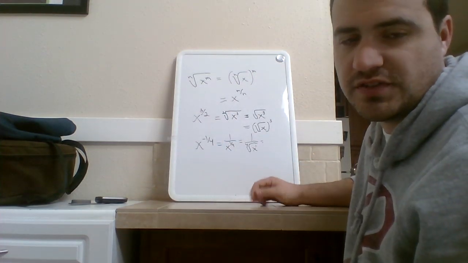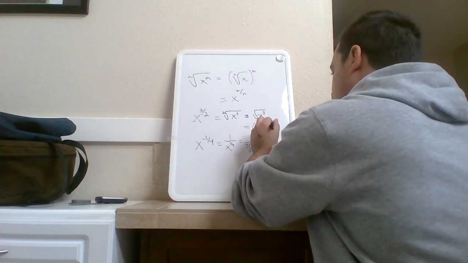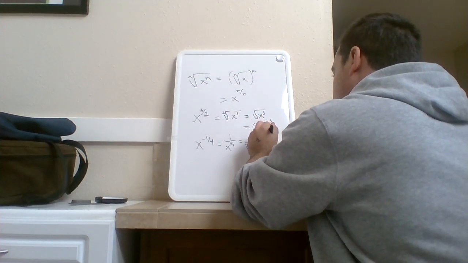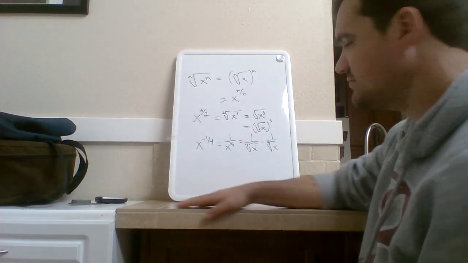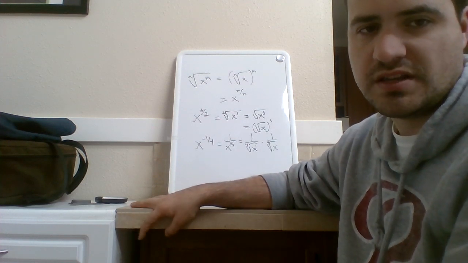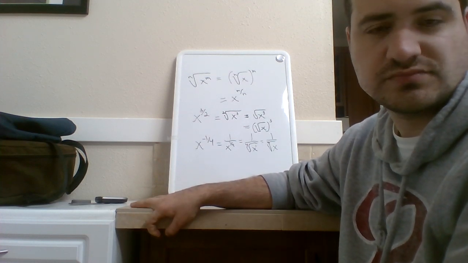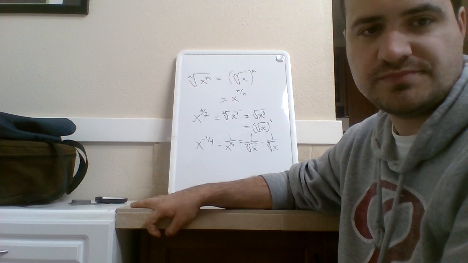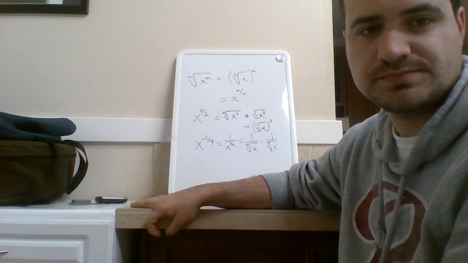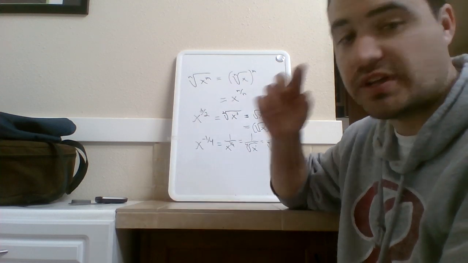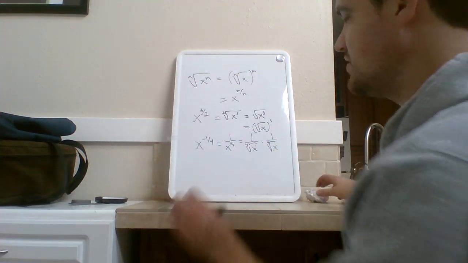But we know x to the 1st is just the same as x, so this becomes 1 over the 4th root of x. Okay? And that is where we'll leave that one. Any questions on that? Great.